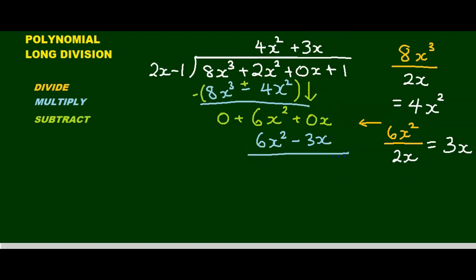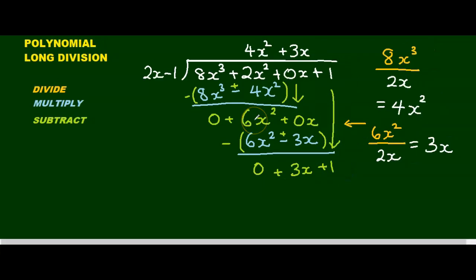Okay, then we're going to subtract. So minus, this is going to change on the inside. 6x squared minus 6x squared gives me 0. 0x plus 3x gives me 3x. And I'm going to bring down my plus 1.